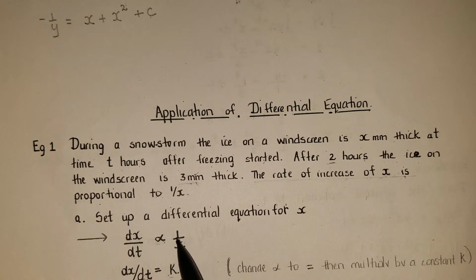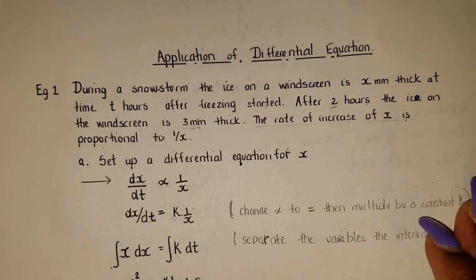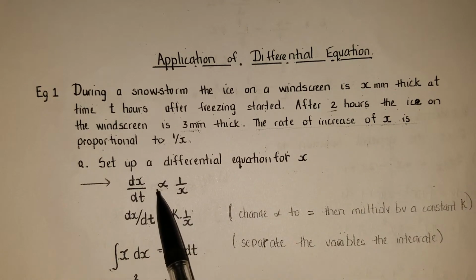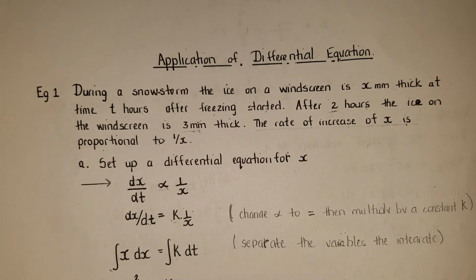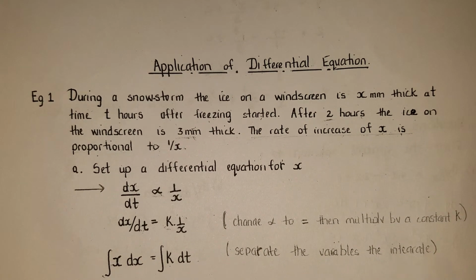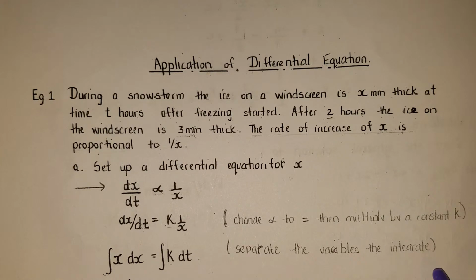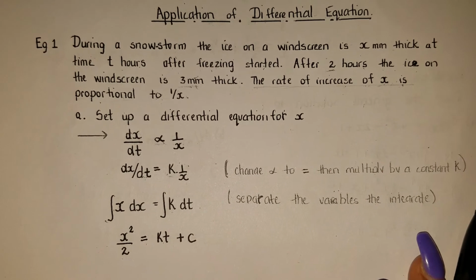Now, the rule of mathematics is to change a proportional sign to an equal sign, you have to multiply by a constant. So that's how we now have dx dt equals k times 1 over x. So previously we learned that to solve a differential equation, we separate our variables, then integrate both sides. So that's what we'll do now.